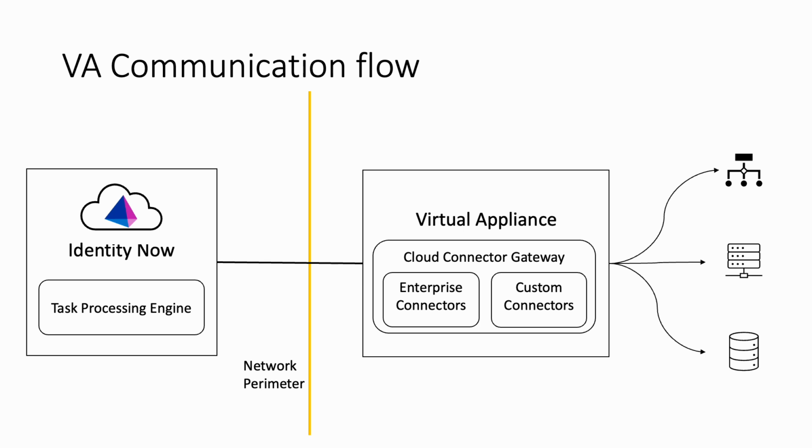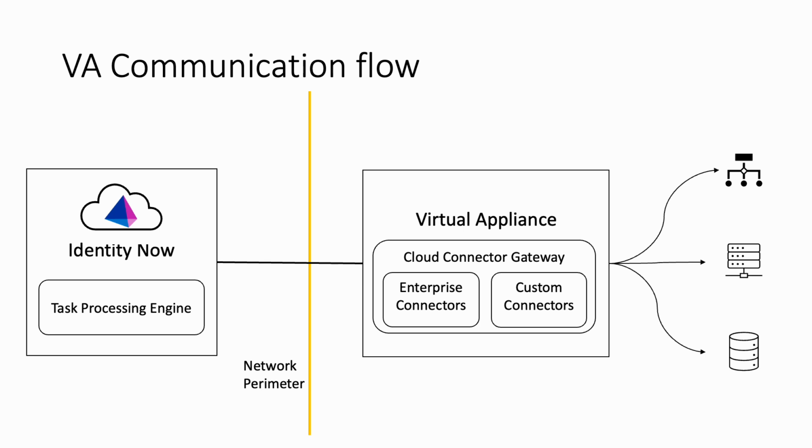The cluster queue acts as a holding area for messages generated by scheduled activities or user actions. When a VA identifies a message, it downloads the task, decrypts it using its local private key, and communicates internally with the Cloud Connectors gateway to carry out the necessary operations.